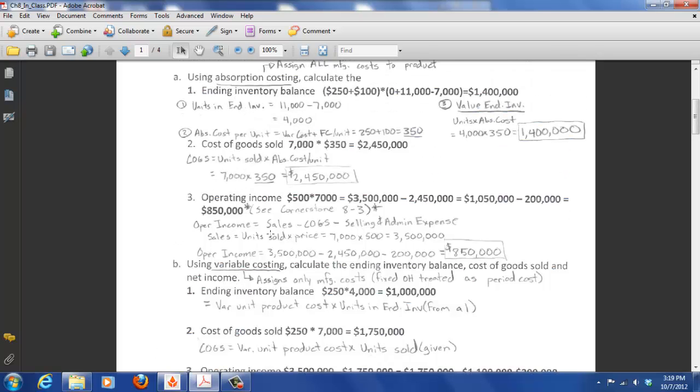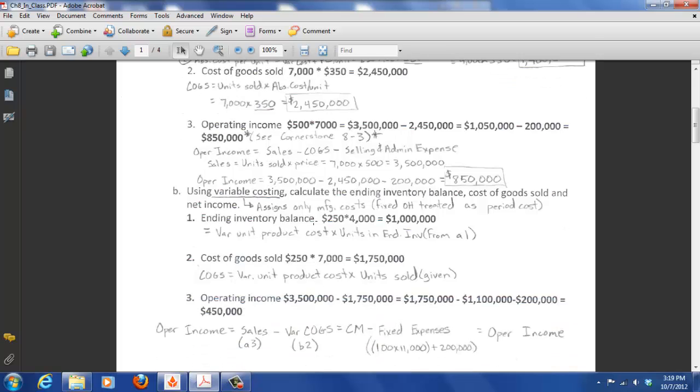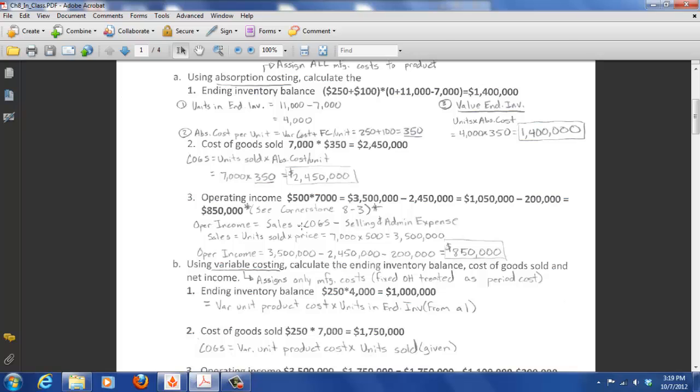Just like above, we'll first calculate the ending inventory balance. We already calculated that there are 4,000 units in the ending inventory. But in this case, we're just going to use the $250 variable unit product cost. We're not going to include the extra $100 of fixed overhead like we did above.